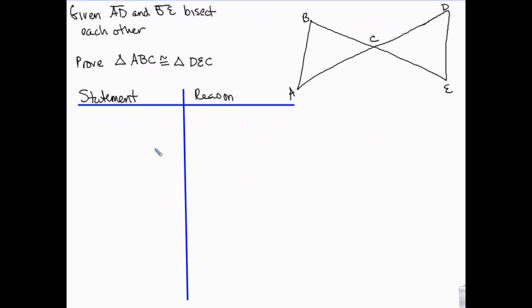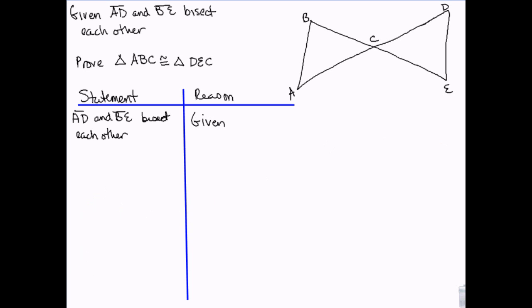All right, so given AD and BE bisect each other, you prove the triangles are congruent. So my given statement. What does bisect mean? Cuts them in half, yeah.